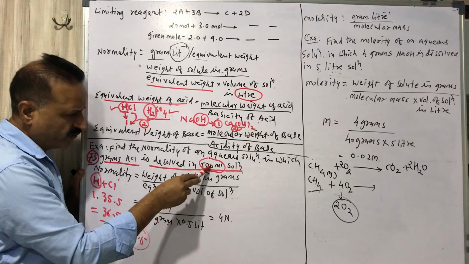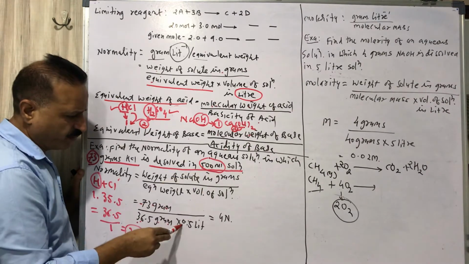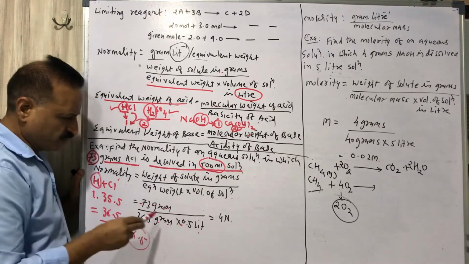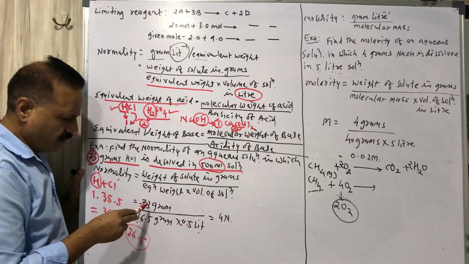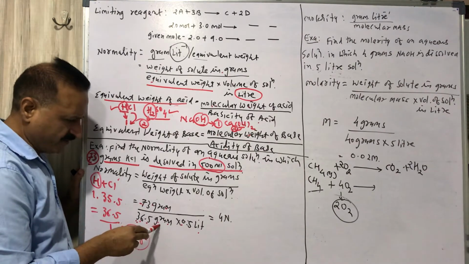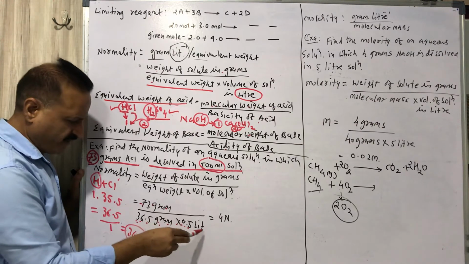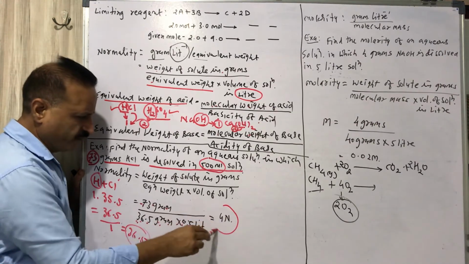To convert into liters, divide by 1000, that is 0.5 liters. So 73 grams upon 36.5 grams into 0.5 liter, the answer will be 4N.